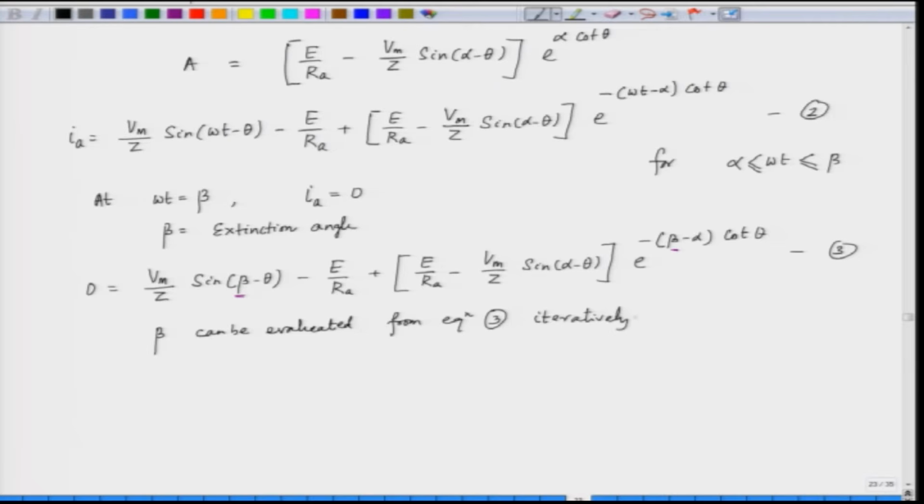We take some initial value of beta and then we try to take some value in the neighborhood of the initial value, and by iteration we can come to an approximate value of beta.